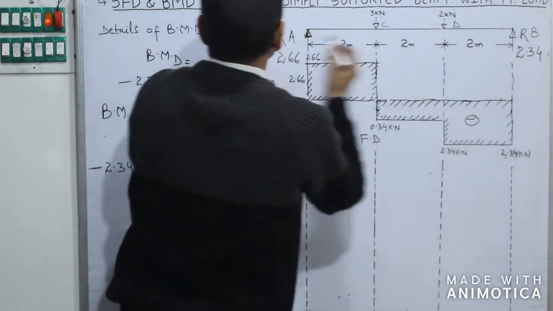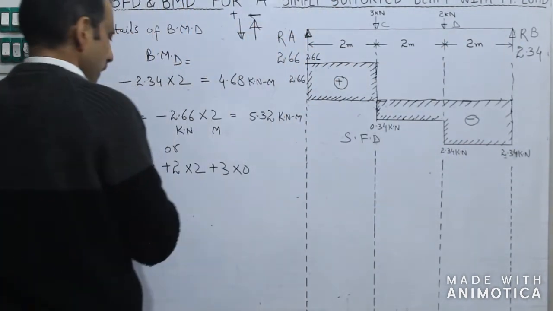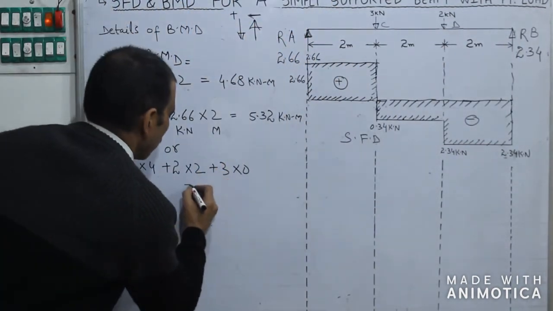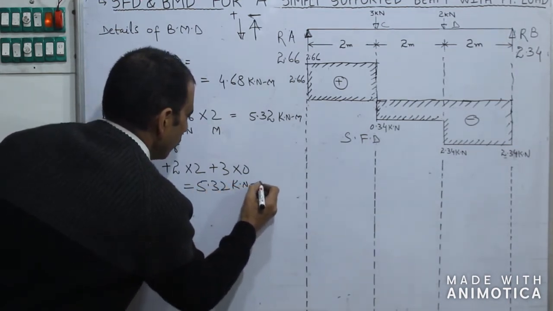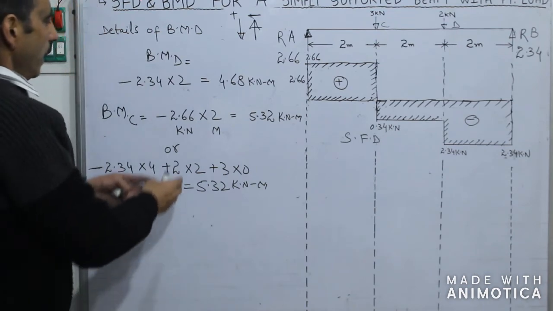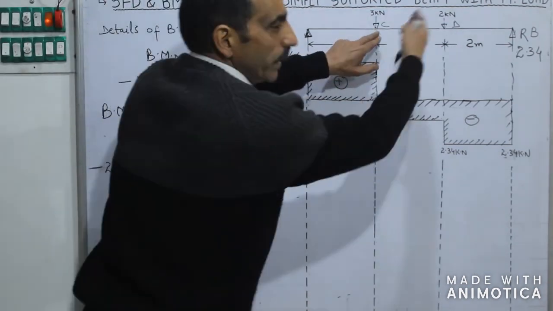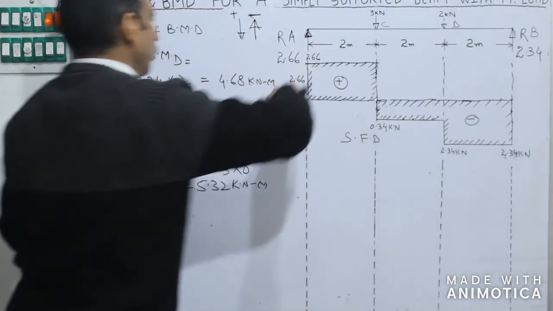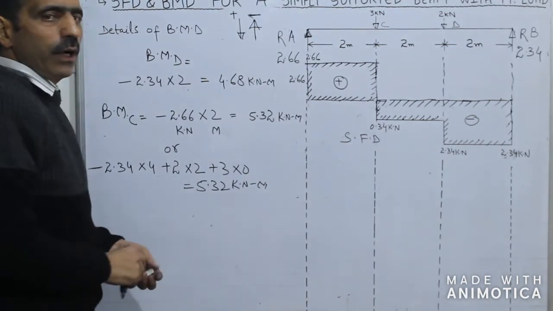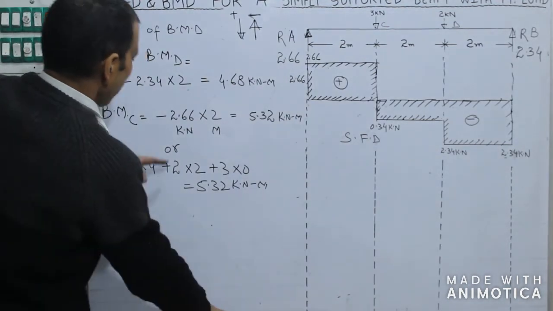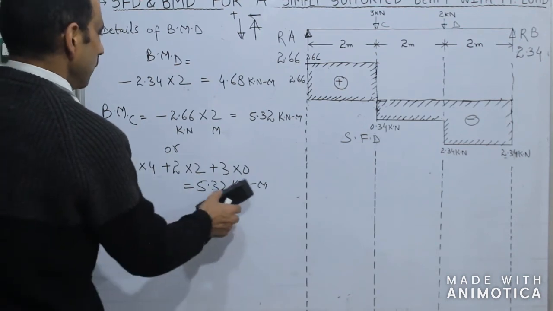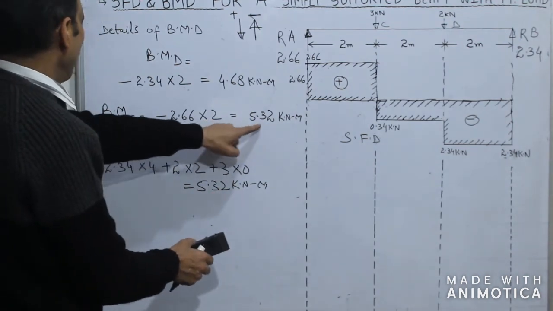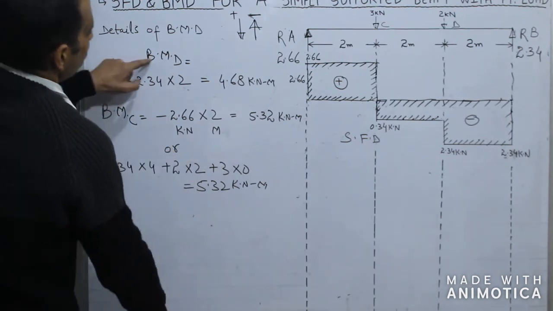Because it is upward direction, and upward direction I have shown as minus. Again it will come 5.32. Now I have shown you both methods: either you calculate moment from this side or from this side. There is no hard and fast rule. Bending moment at C is 5.32.